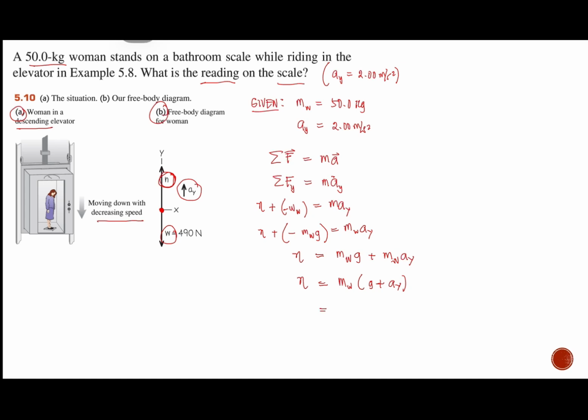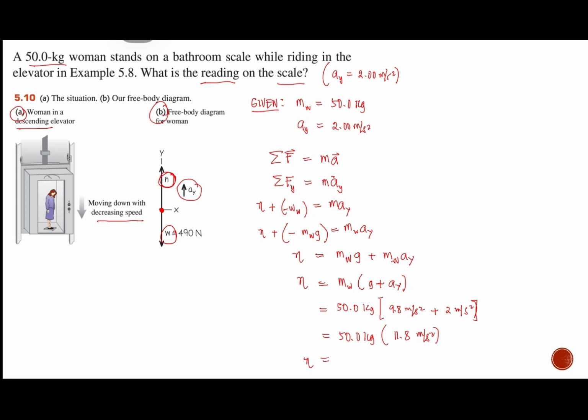So, we have the mass of the woman is 50 kilograms times g, which is 9.8 meters per second squared, plus the acceleration on the y, which is 2 meters per second squared. So it's 50 kilograms times 11.8 meters per second squared.